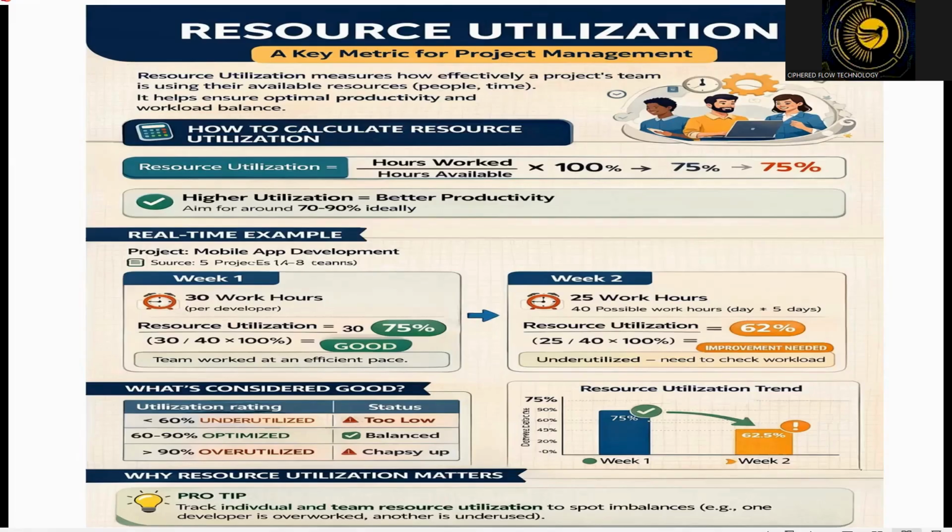As I mentioned, the ideal utilization on average in most of the organizations is almost 80-85%. If your teammate's resource utilization is falling around 70-80%, that means he is ideally utilized. If it is less, that means underutilized, and if it is more, it means a burnout may occur.